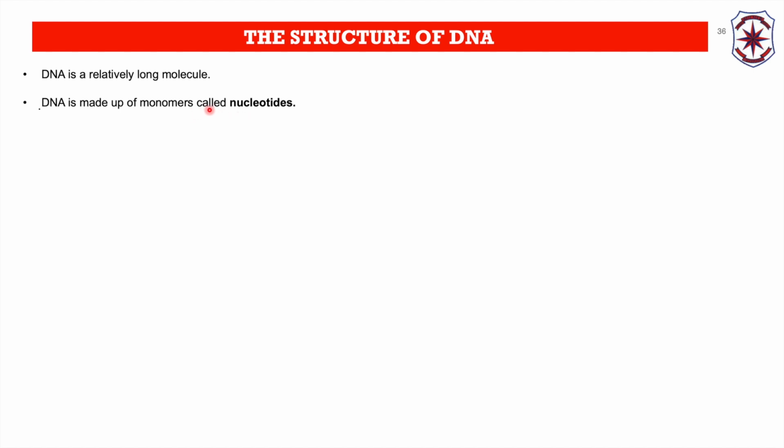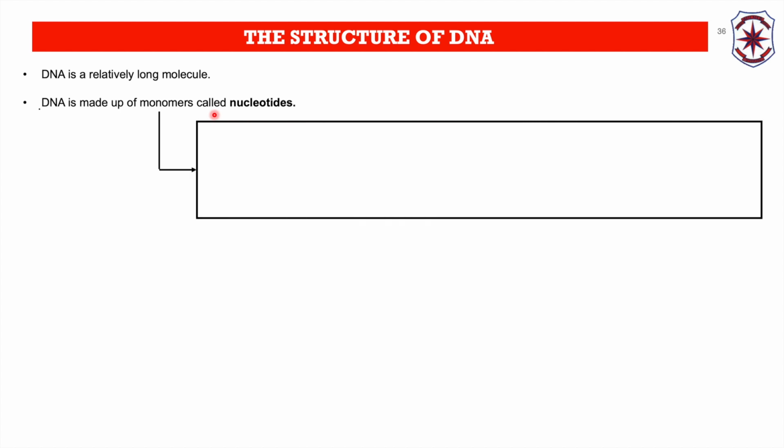The monomer, the single unit, the building block of a DNA molecule is a nucleotide. So DNA is made up of monomers or building blocks called nucleotides. A monomer is a single unit of a large molecule or a compound.